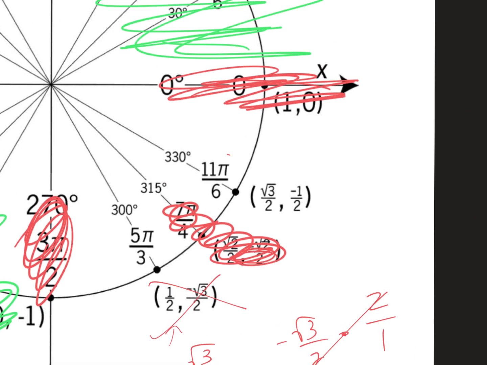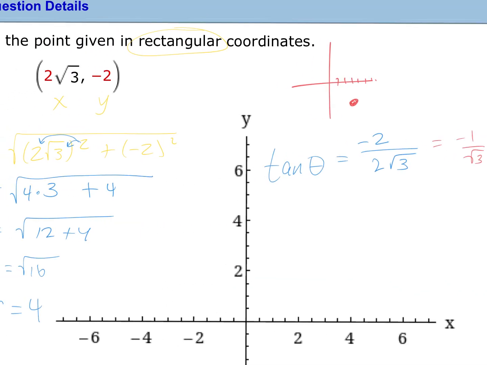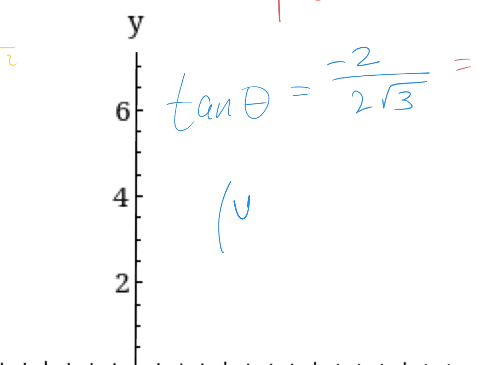So it's 11 pi over 6. If you want to just make quadruple sure, go ahead and say, okay, negative 1/2 times 2 over square root of 3. Yes, this is going to work, correct? So the angle I'm talking about is 11 pi over 6. So your R value was what? 4. So 4 and then 11 pi over 6.